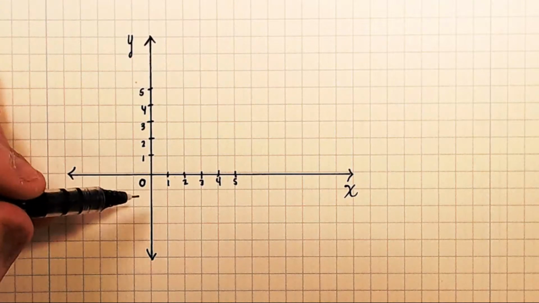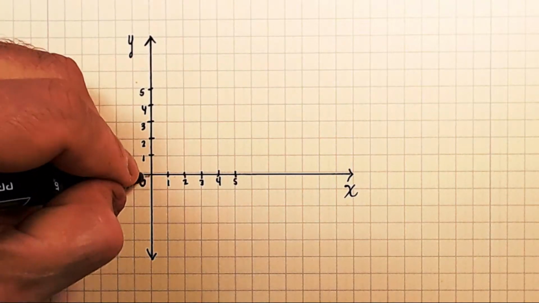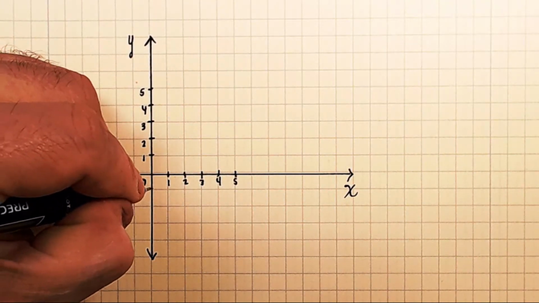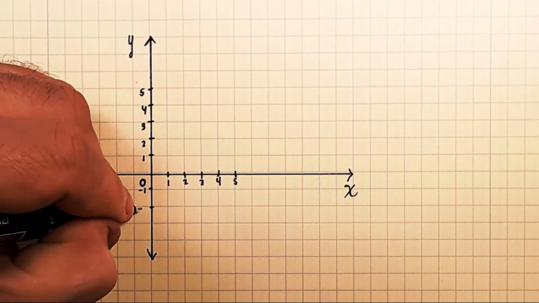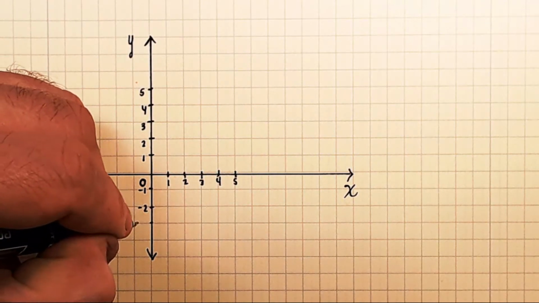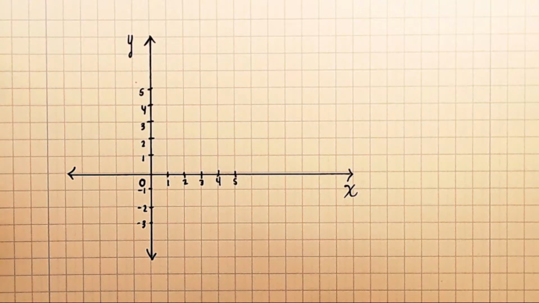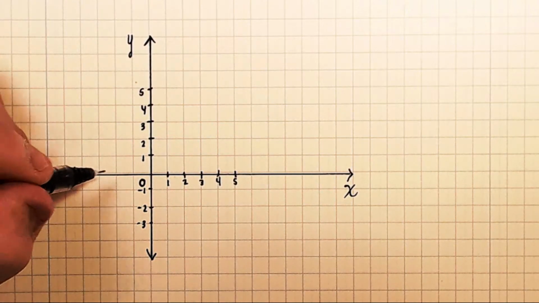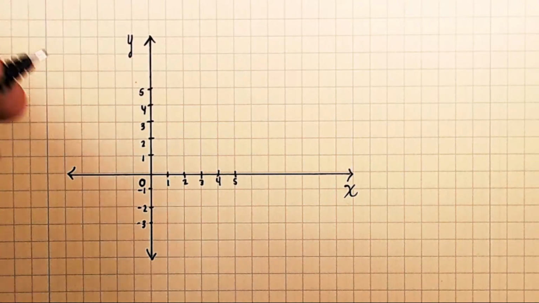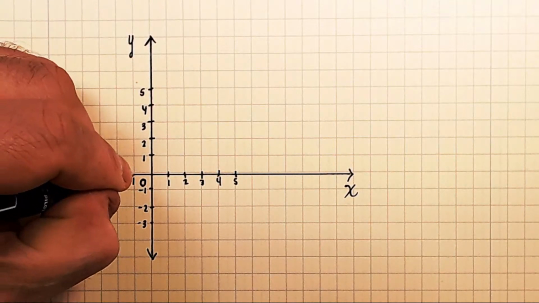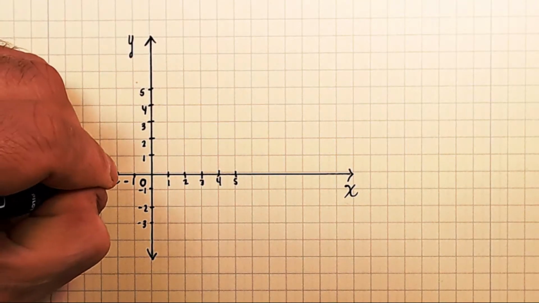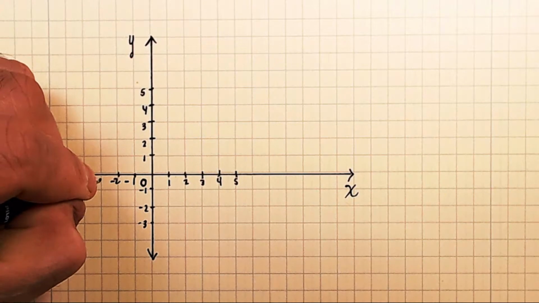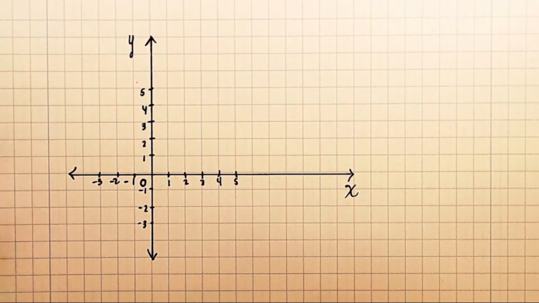On the negative side of the y-axis, okay, so this is -1, -2, -3, and so on. Okay. We could plot negative numbers on the x-axis as well. -1, -2, -3, and so on. Okay?